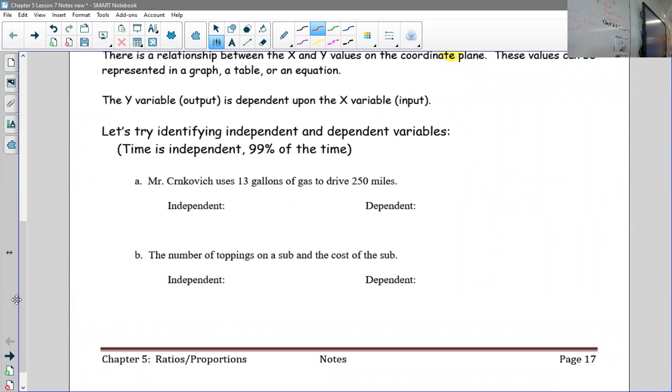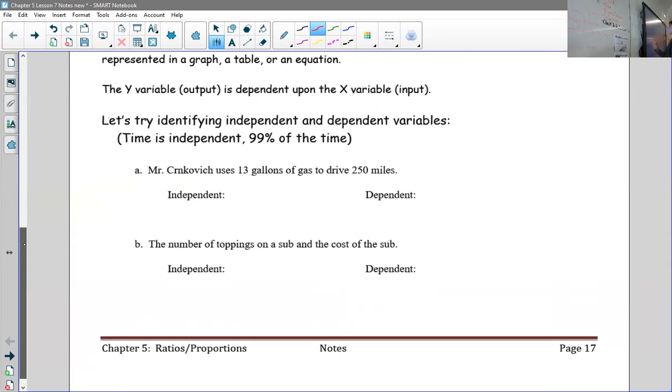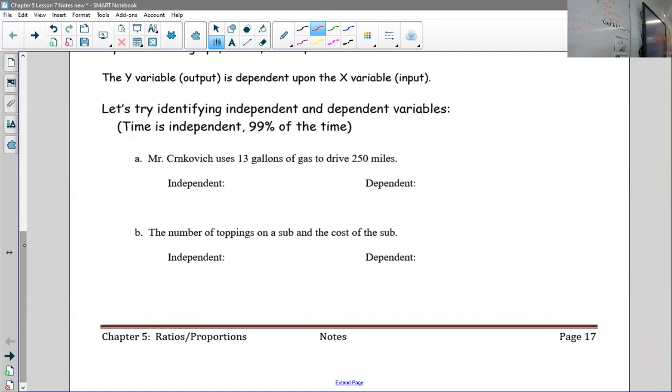So when we are looking for our independent and dependent variables, we need to think, what depends on the other thing? So let's try some examples. Example A, Mr. Krankovich uses 13 gallons of gas to drive 250 miles. So if you think about driving a car and putting gas in your car, if you have a full tank of gas, you can drive a lot of miles.